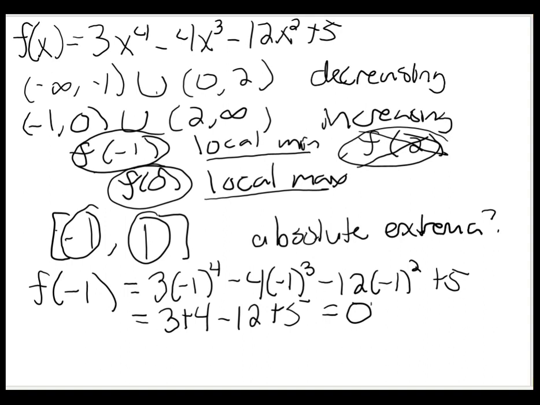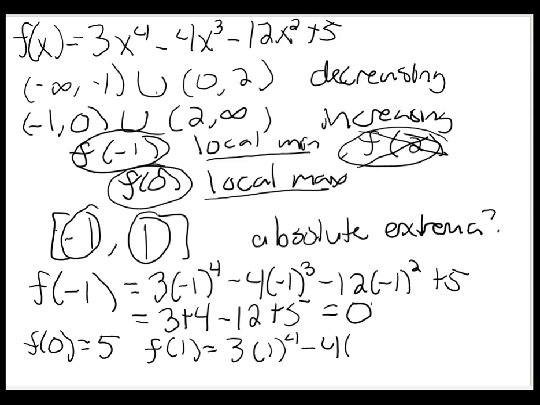And then we could also check f of 0, that's just going to be 5, and then f of 1, which is 3(1) to the 4th minus 4(1) cubed minus 12 times 1 squared plus 5. Or that's going to give us -8.